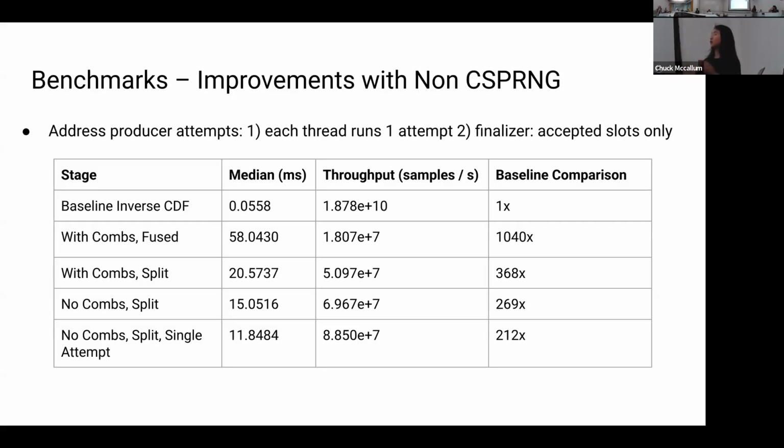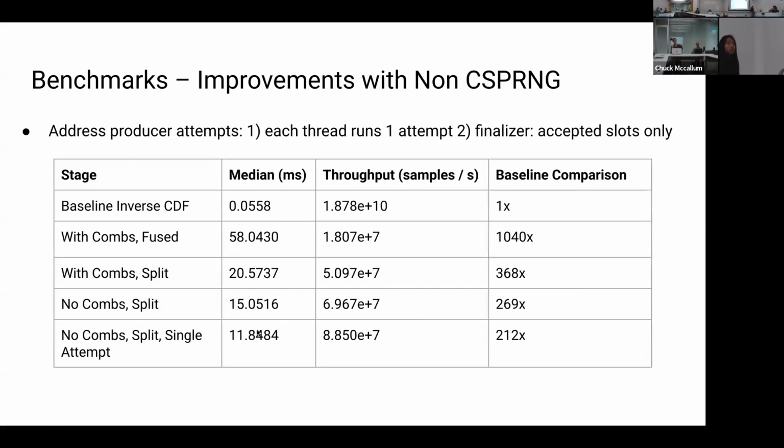Then the finalizer would just take the accepted traces only. That way, you're only bounded by the longest time it would take for a single attempt to happen, rather than waiting for all of the retries that happen with multiple attempts. So that improved runtime quite a bit, as seen in this last row.